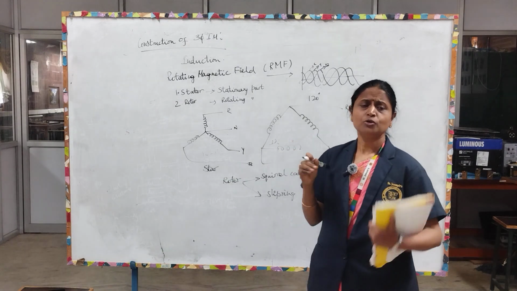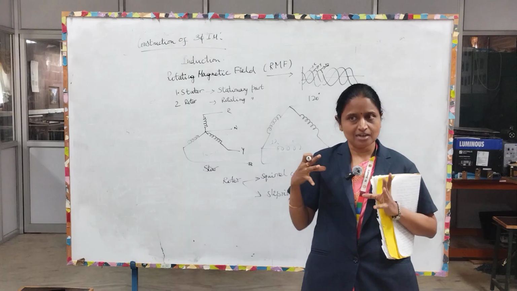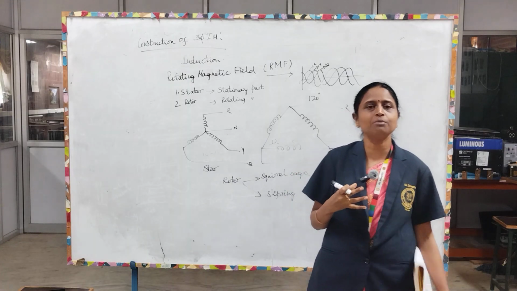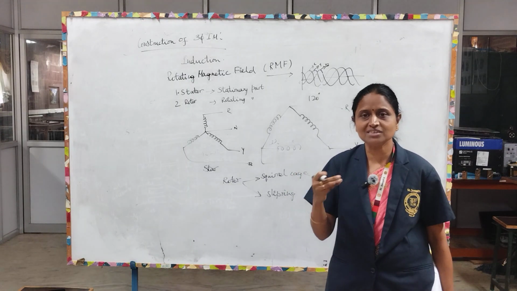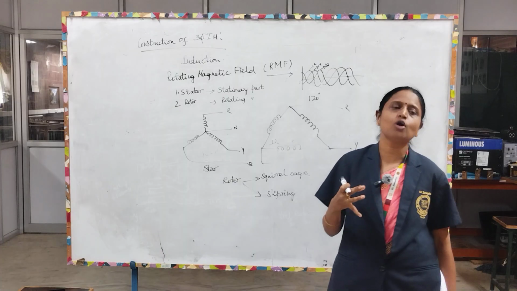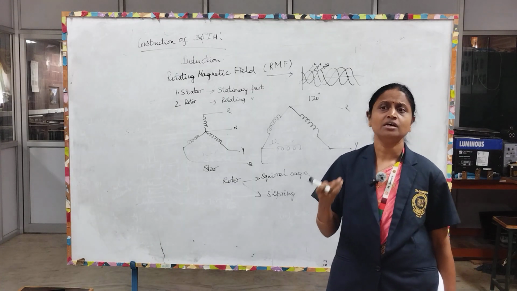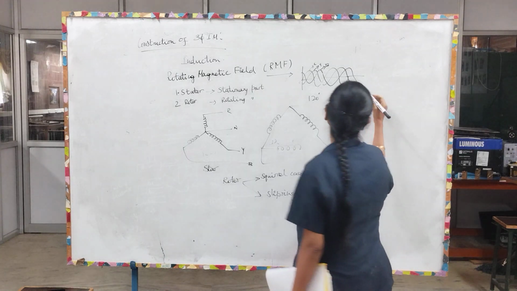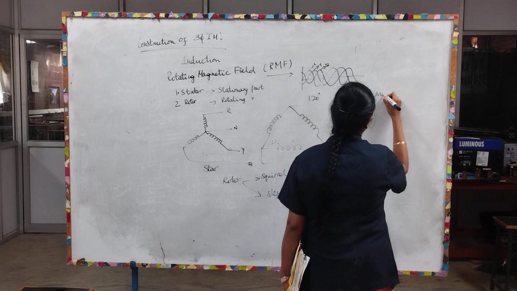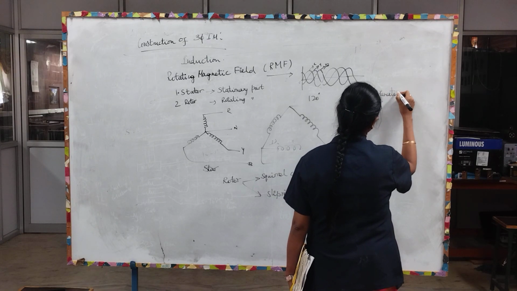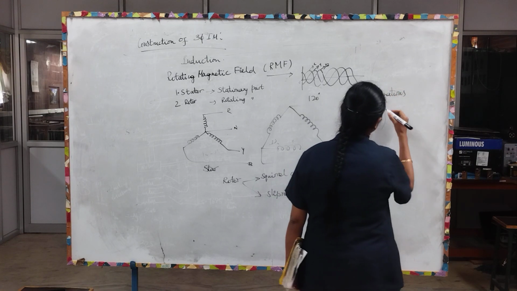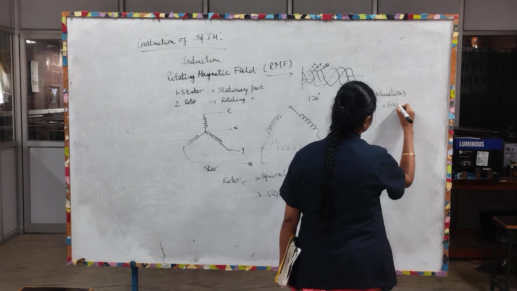The stator is usually made up of laminations. What do you mean by laminations? Similar structures are stacked or grouped together. That's why it is called that. Why do we go for laminations? Laminations are mainly preferred to reduce eddy current losses.